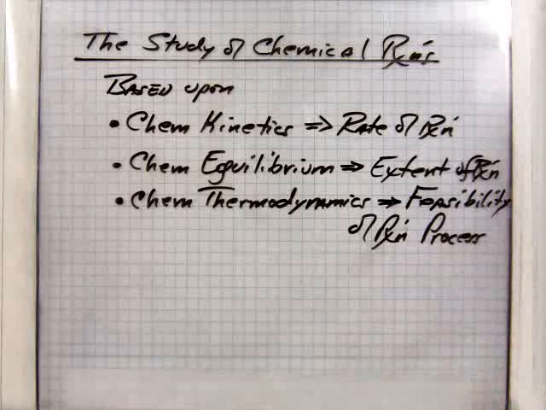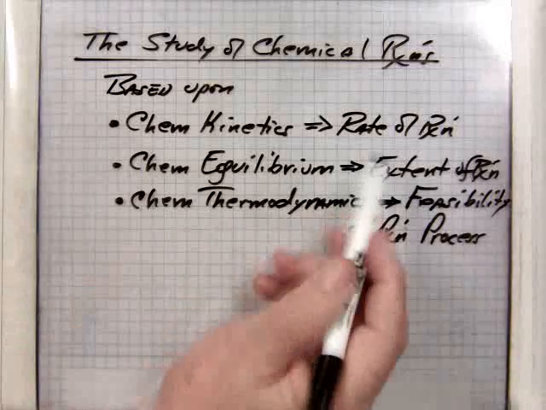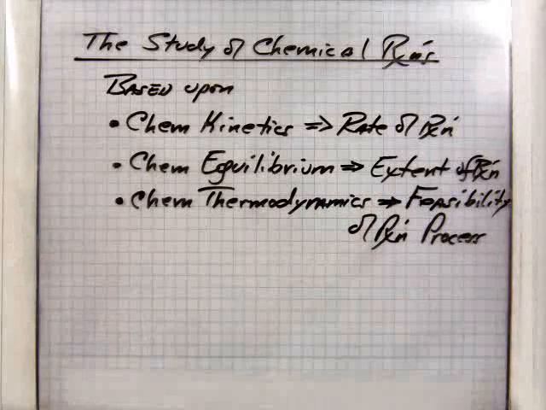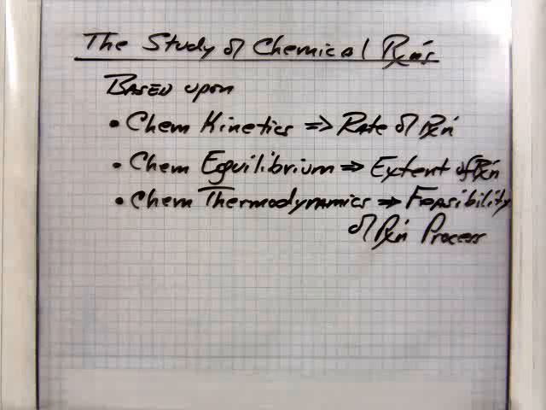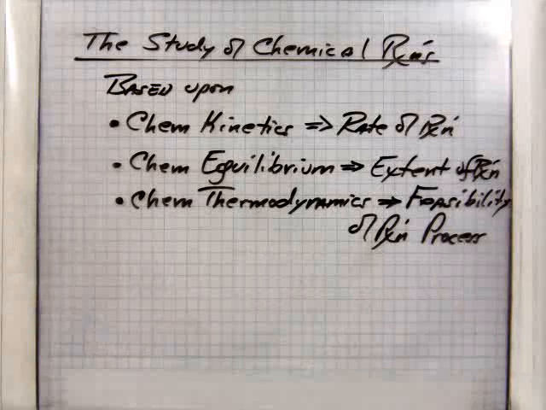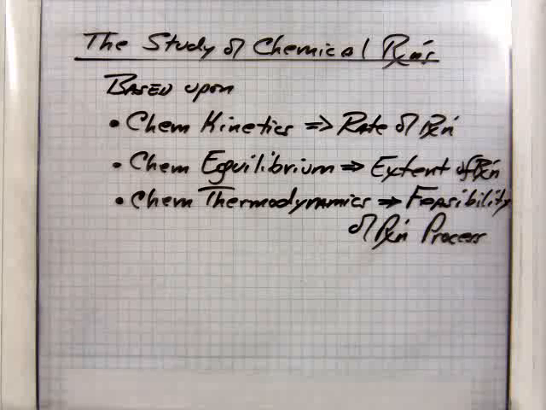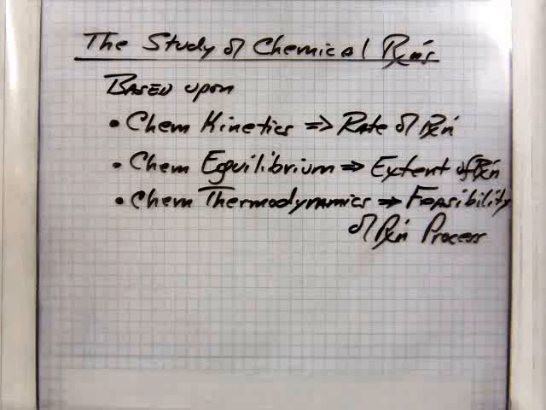Now, each of these has several chapters associated with it. Chemical kinetics is the first chapter. It has its own set of rules and regulations. Then equilibrium has four chapters as it applies to gas phase reactions, solution phase, precipitation reactions and the like. Thermodynamics has actually two chapters in this text, and they're split.